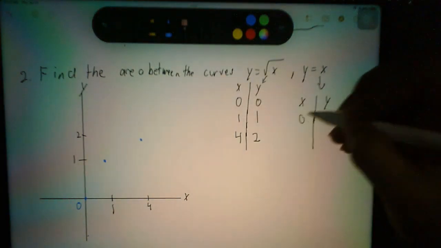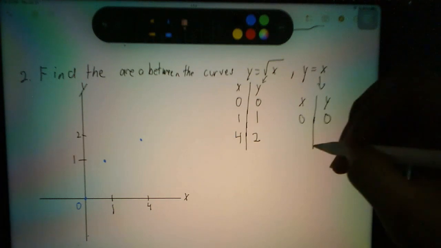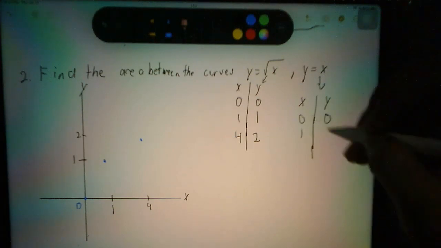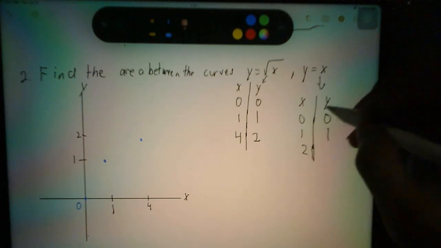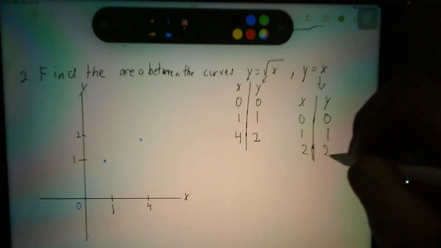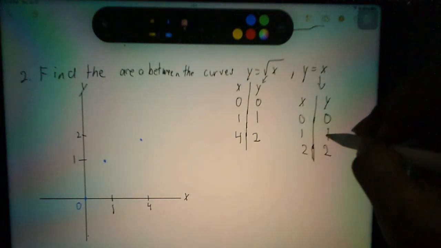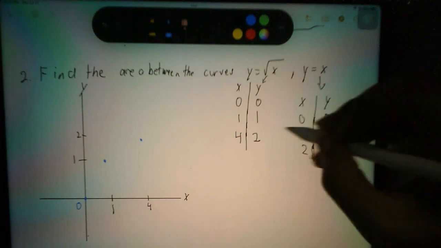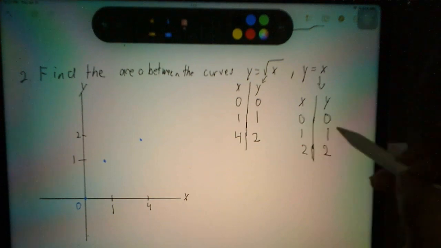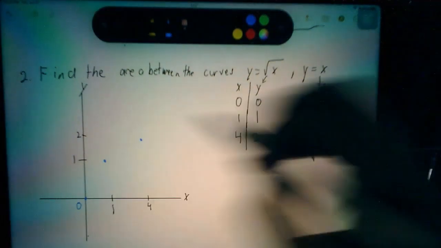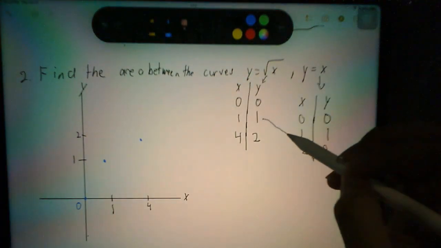If x is 0, y is also 0, if x is 1, y is also 1, and if x is 2, y is also 2. So the point of intersection here is where x is 1 and y is 1. So they both intersect there.